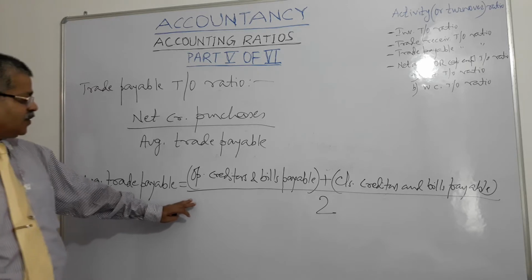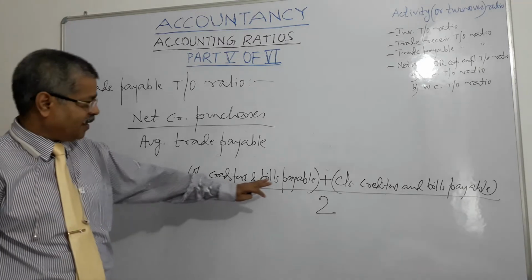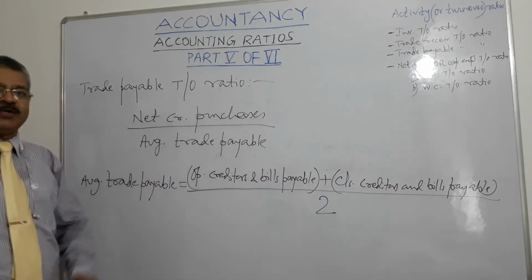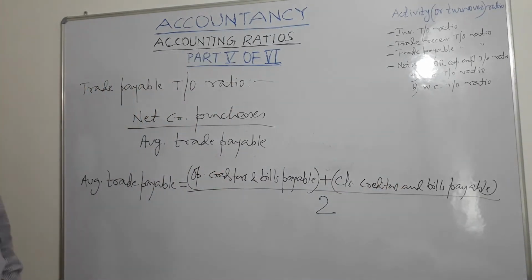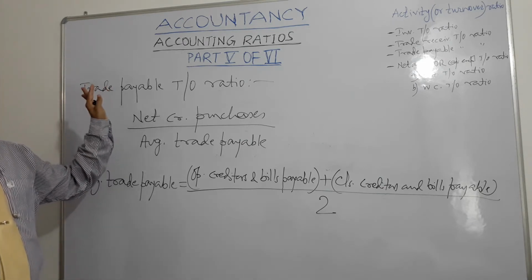Average trade payable is equal to opening creditors and bills payable plus closing creditors and bills payable divided by 2, right? And what does this ratio reveal?